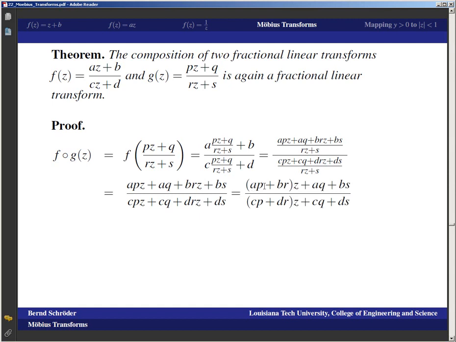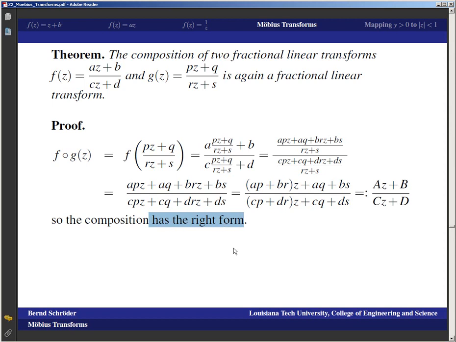And if we just sort that out, that's (ap plus br) times z plus (aq plus bs). This is one number. This is one number. It looks complicated, but really is just one number because all these things are constant, divided by (cp plus dr), which is one number, plus (cq plus ds), which is also one number. And we can just set that equal to az plus b over cz plus d. And that means the composition has the right form.